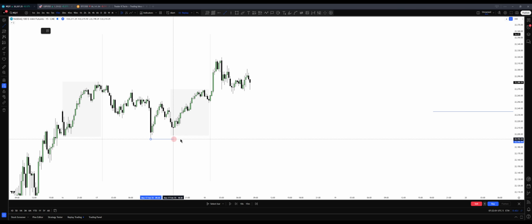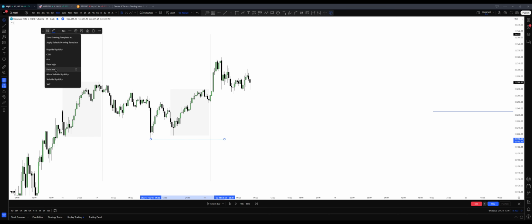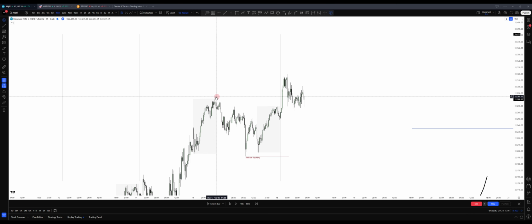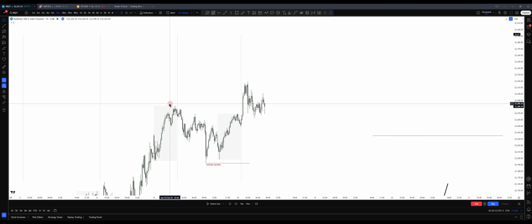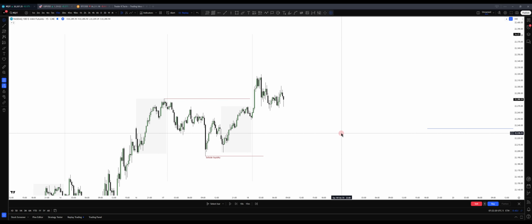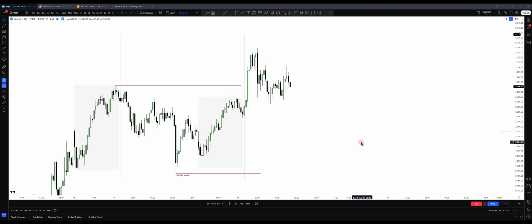What we have here is equal lows, relative equal lows, which is our sell side liquidity. What else do we have? We have this previous Sunday's, this previous weekly high, I mean, which we took out very aggressively with momentum, with speed.